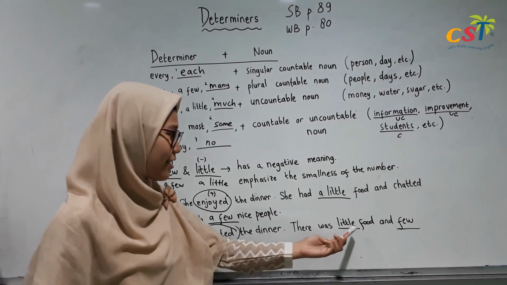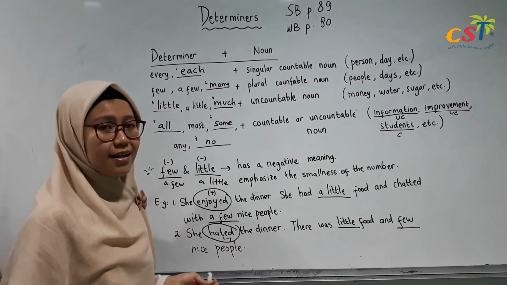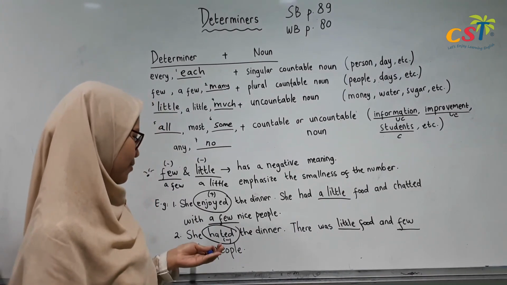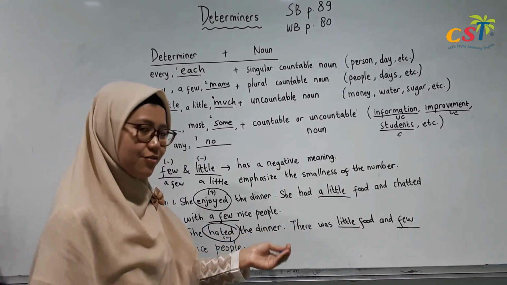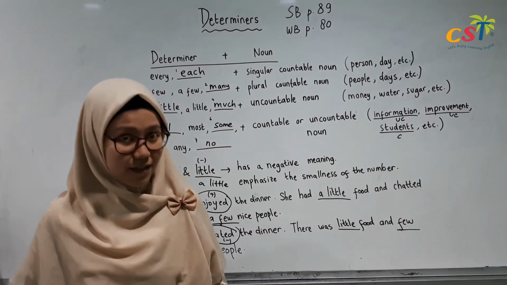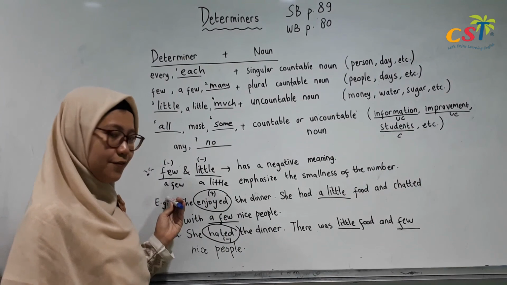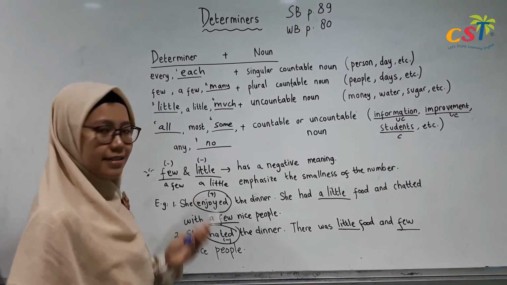There was little food and few nice people. That's a negative thing, right? That's why she hated the dinner. Now, can you see the difference between few versus a few, little versus a little?